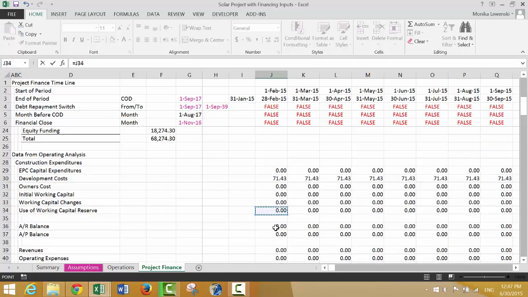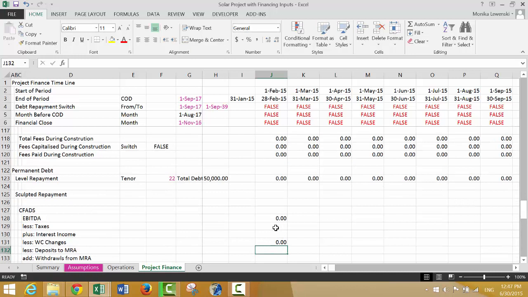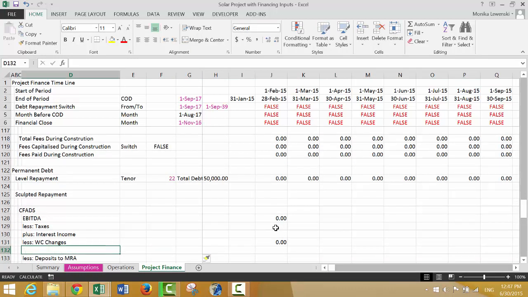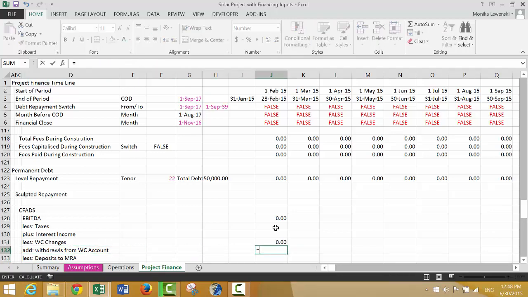Interest income, working capital changes going forward. We'll put the working capital changes here, and actually we have to add withdrawals from the working capital. Okay, and that's all given now.